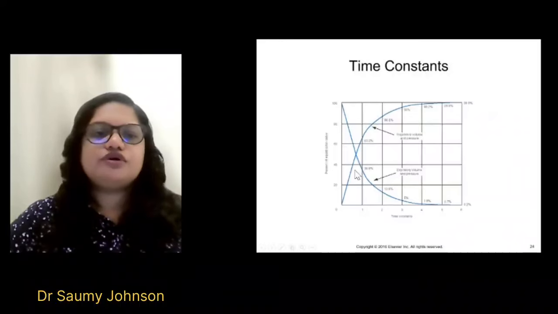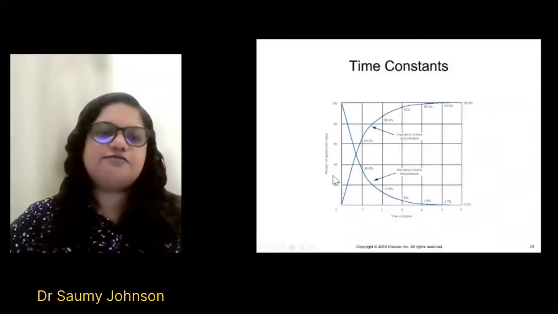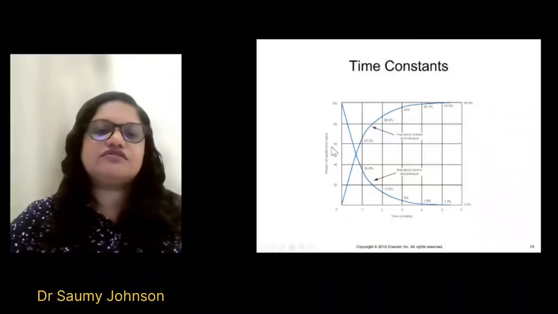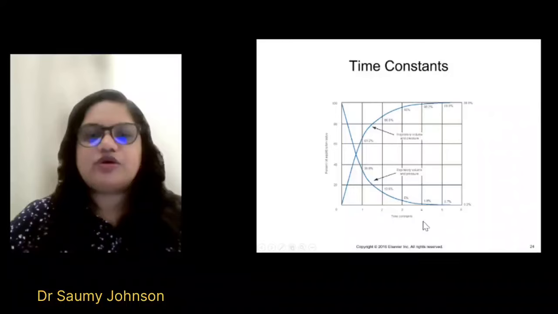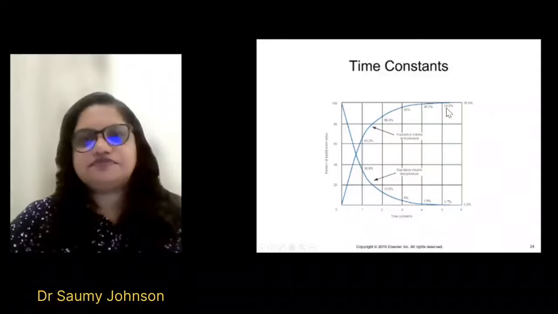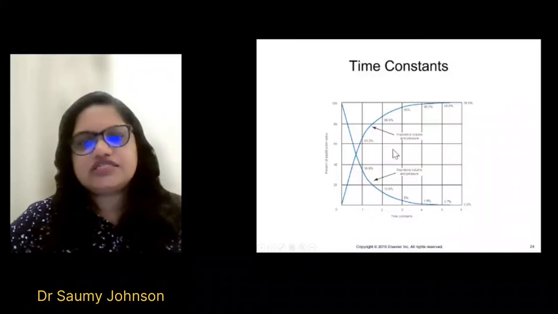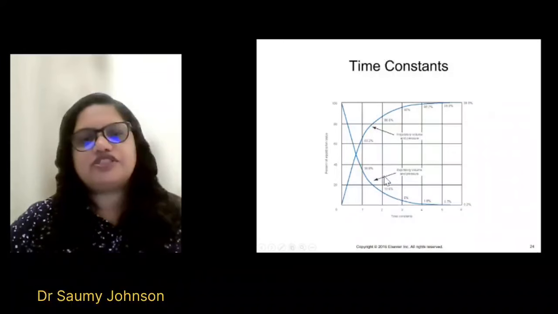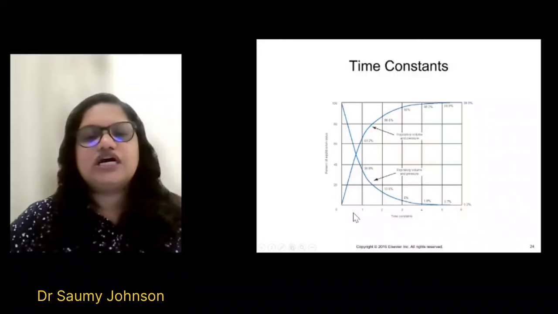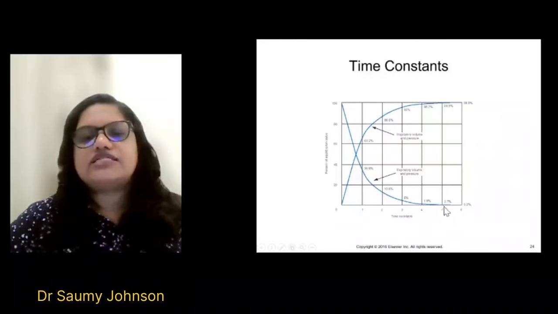If you draw a graph between the percentage of equilibration value and the time constants, here we can see the inspiratory volume and pressure, and this is the expiratory volume and pressure. There are different percentages at which, see, 1 time constant, 2, 3, 4, 5, and 6 time constants.